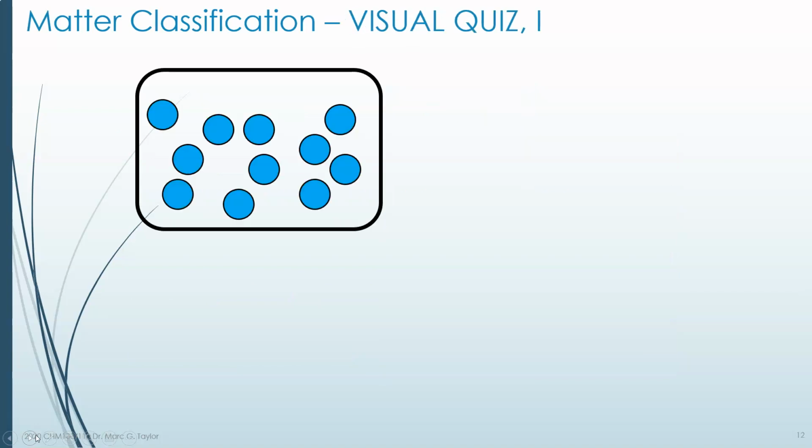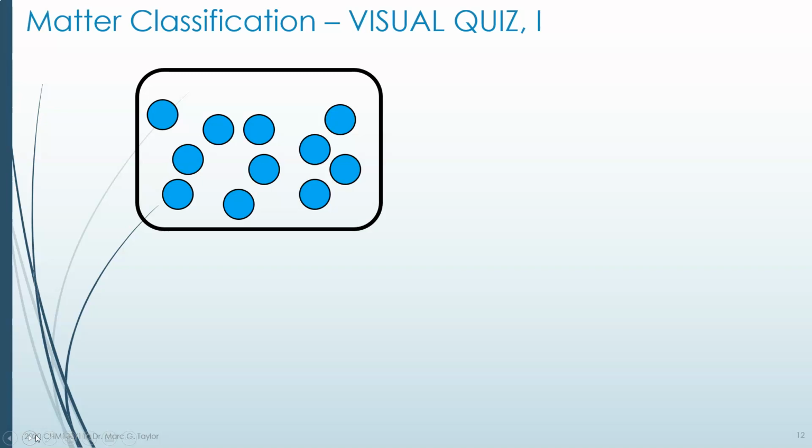So here's a little visual quiz, and I have 8 examples here. What I'm going to tell you is each colored ball, if it's a different size and a different color, that's a different kind of atom. And you notice in this particular drawing, there is only one kind of atom in here. They're all blue balls. And I know this is funny to everybody, but they are blue balls. And they're all separated.